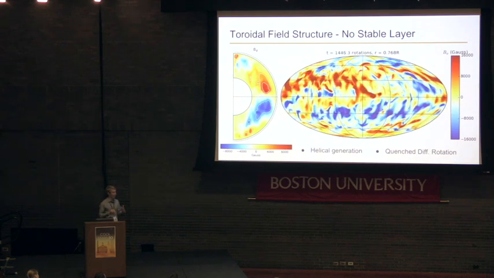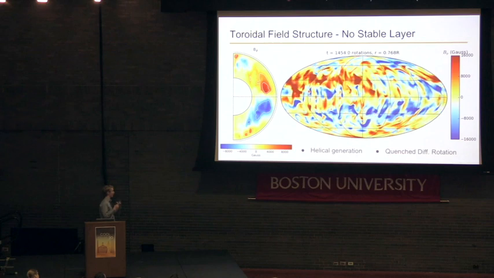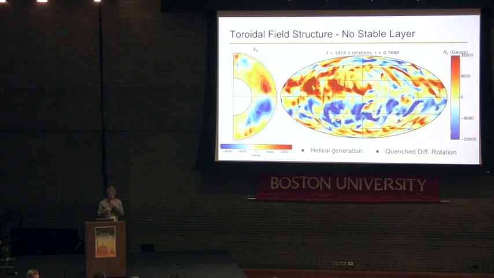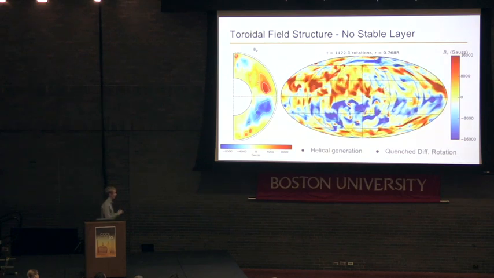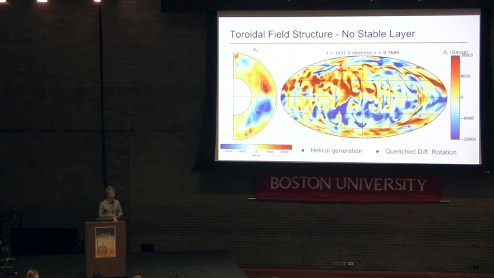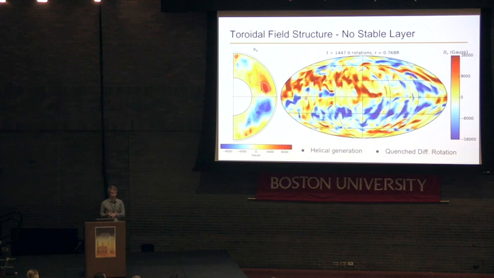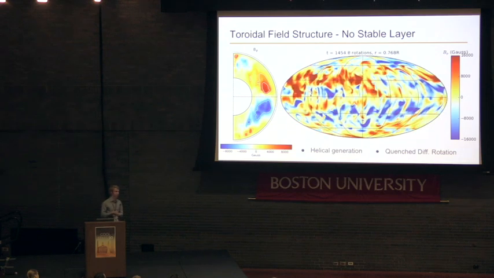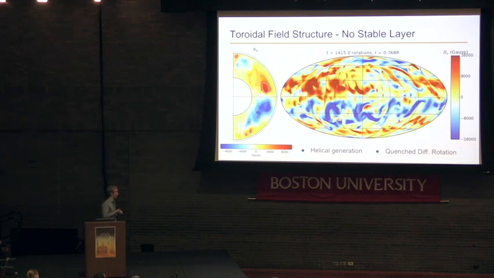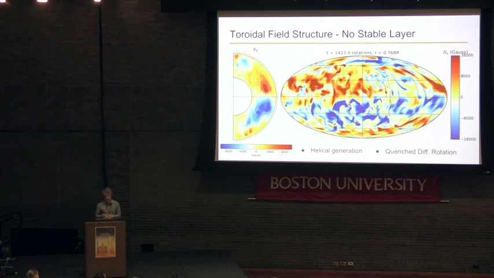Now, there's no Tachocline here, so this is an alpha squared dynamo. It's all being generated through helical convection. And as we have seen with other simulations, the strong fields here are quenching the differential rotation down to only about 3 or 4% of the actual rotation rate.